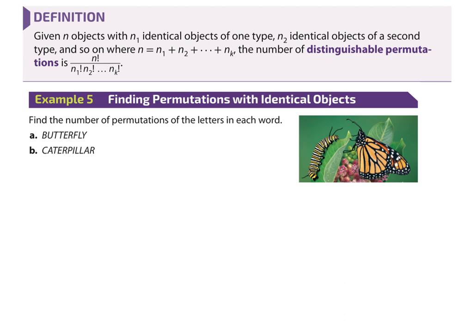You're not going to be able to distinguish because those are identical. So you're going to take the number of letters that you have, which is going to be what, 9? 1, 2, 3, 4, 5, 6, 7. Yep, 9 factorial. And you're going to put that over however many repeated you have. You have T and you have 2 of them specifically. So that's going to be 9 factorial over 2 factorial.